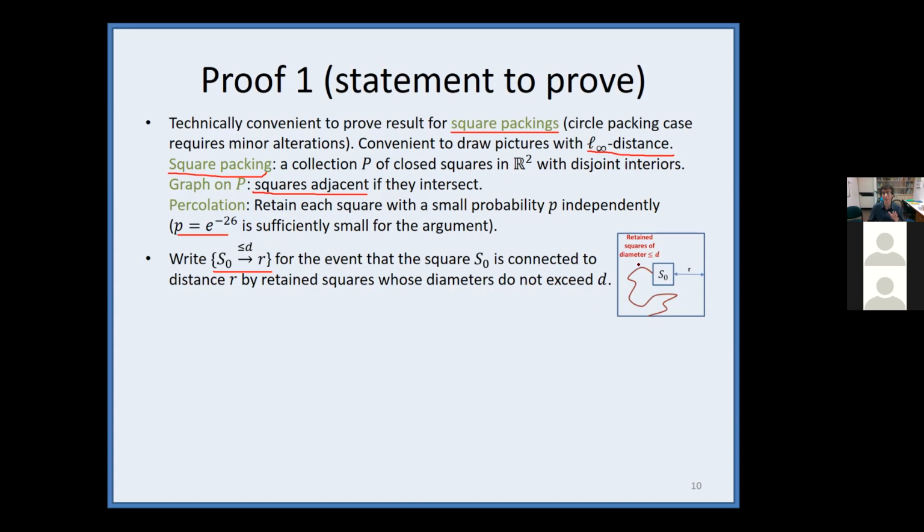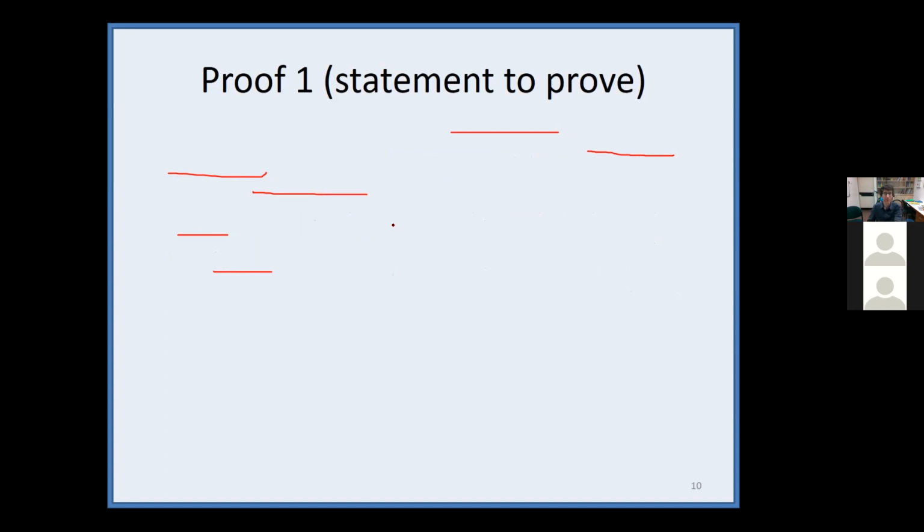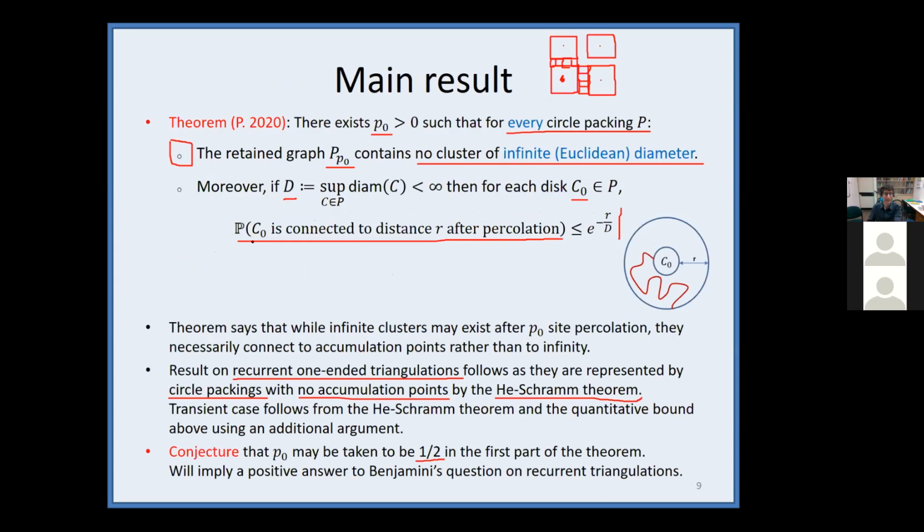So all the retained squares on this path have small diameter, and you reach distance r, Euclidean distance r, not the graph distance. This is the event whose probability I would like to bound. It is closely related to the event indicated here, the chance that the disk is connected to distance r after percolation when all the diameters are at most some capital D.